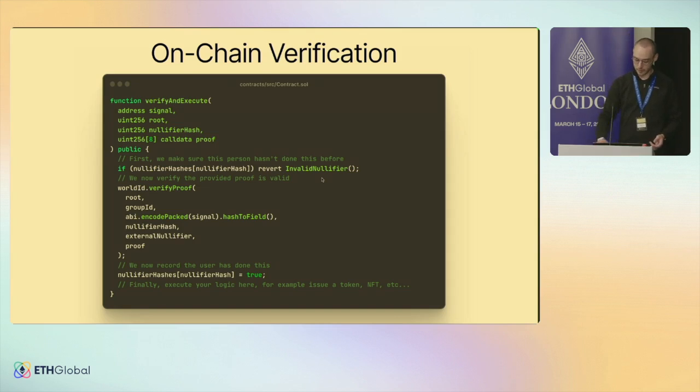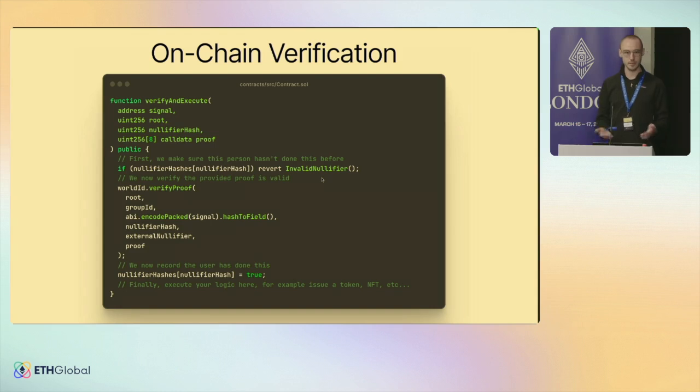But once we've checked and made sure the user hasn't done this action before, we will go ahead and call verify proof on the World ID router, and we'll pass that the root, the group ID, which is 1. That should be just a constant in your contract.